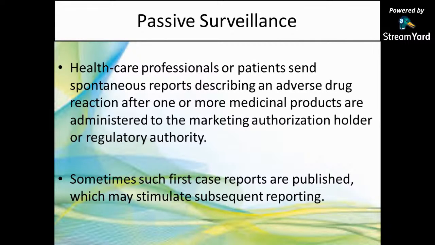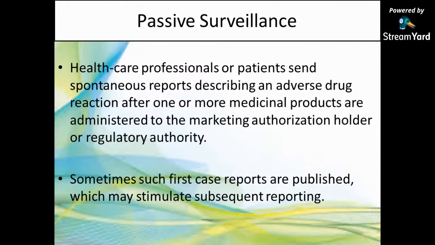So, the passive surveillance. Okay, now we will start with our main topic, that is the first methodology of pharmacovigilance, that is the passive surveillance. Now, what is passive surveillance?